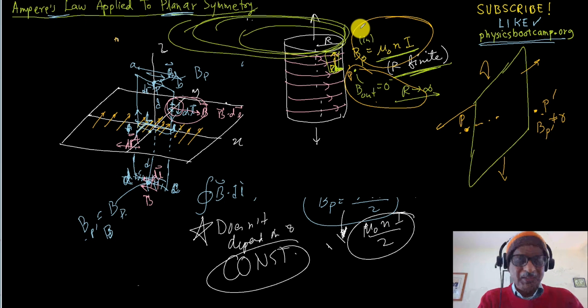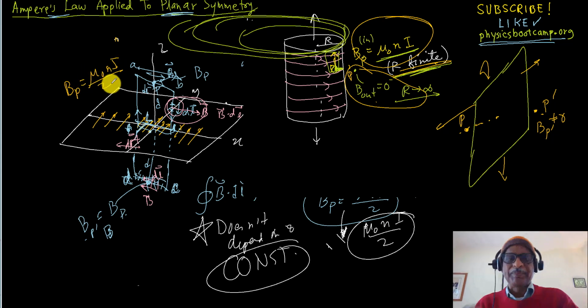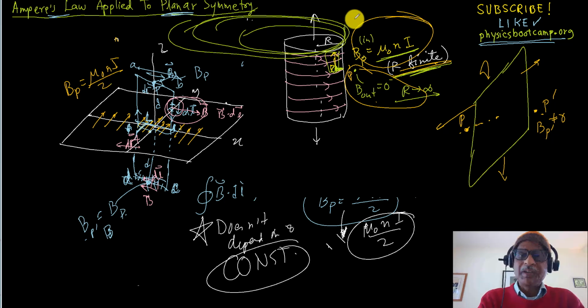But this is interesting. Can you actually set it up mathematically, take R to the infinite limit, and get this result? That's a pretty hard problem. So over here, B at P is mu naught N I over 2, and over here it is mu naught N I.